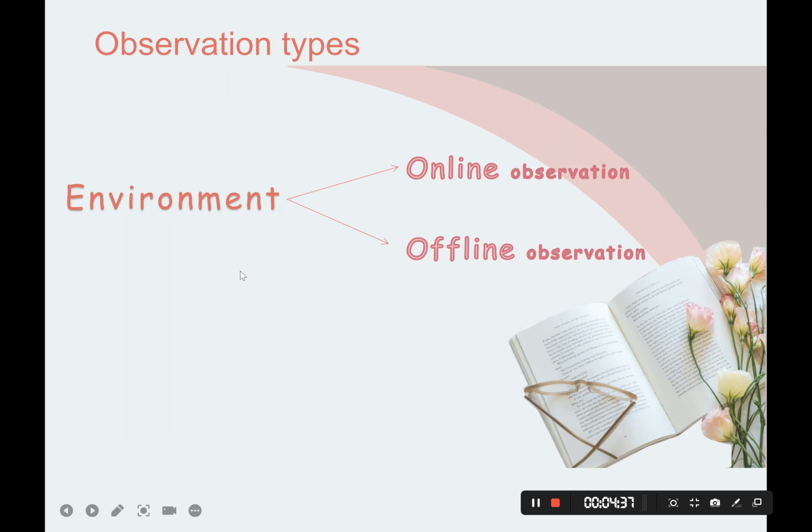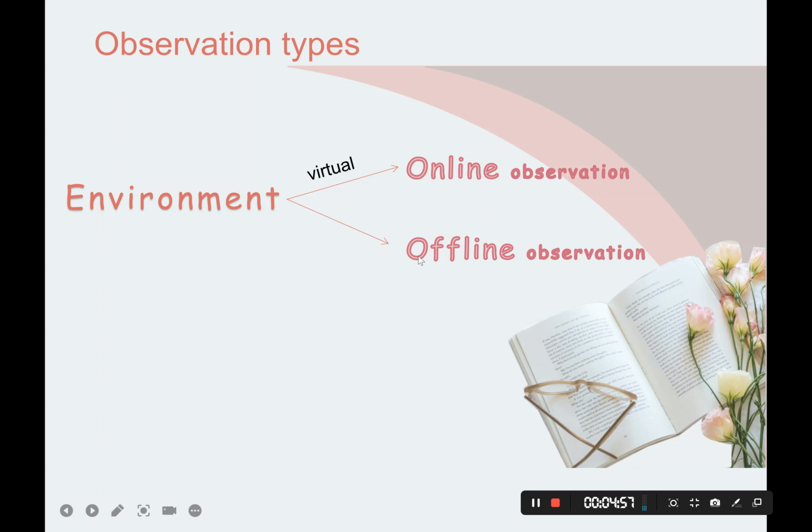Okay. Then the observation could also be separated into online and offline observations. The online observation is mainly conducted in a virtual environment.